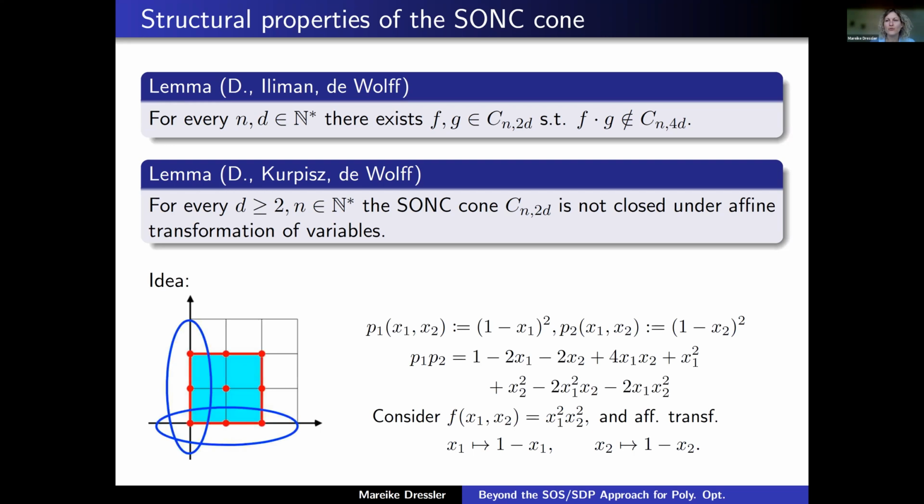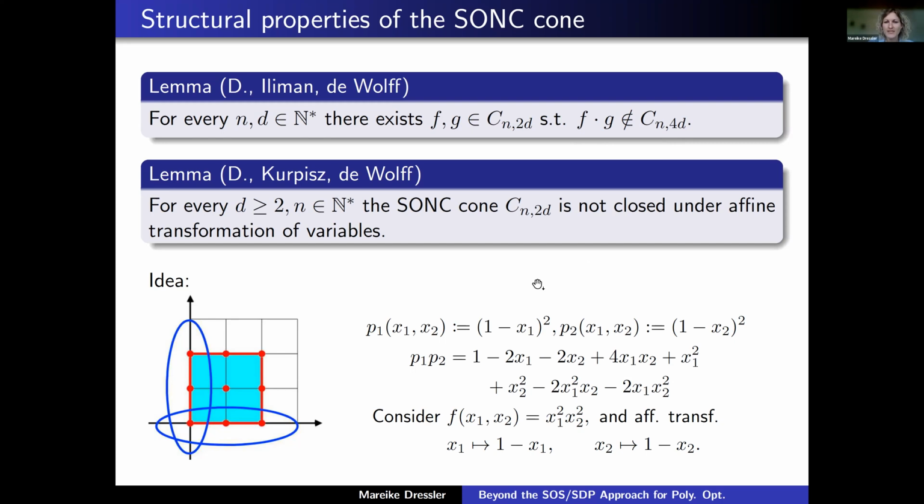To give you an idea how to see that, for instance, for the multiplication case, here we really mean that we can find two polynomials in C_{n,2d} whose product is not in C_{n,4d}, because clearly the degree bumps up if you multiply.